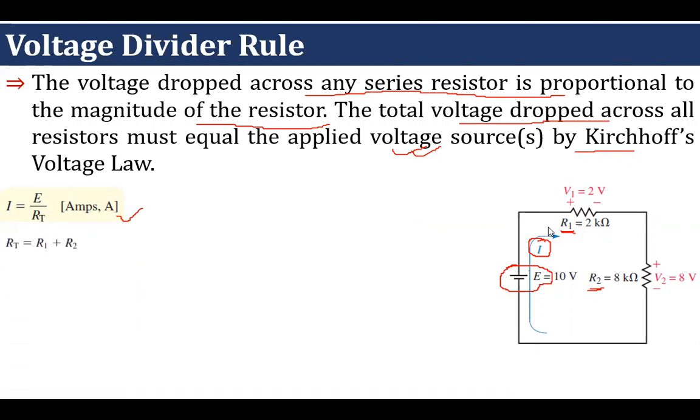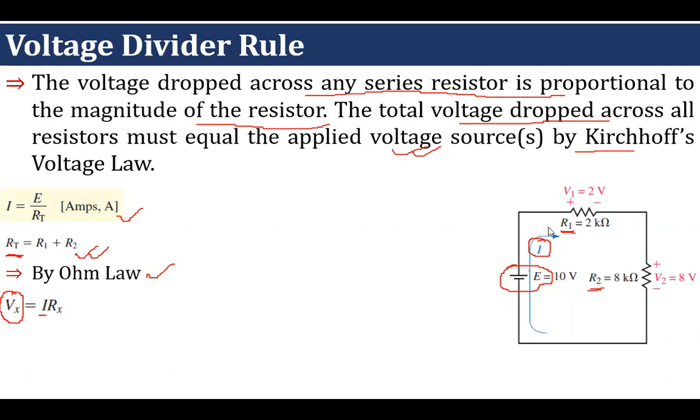Here resistances are connected in series, so RT can be written as R1 plus R2. And by Ohm's law, the voltage across any resistor Vx is equal to I into Rx.